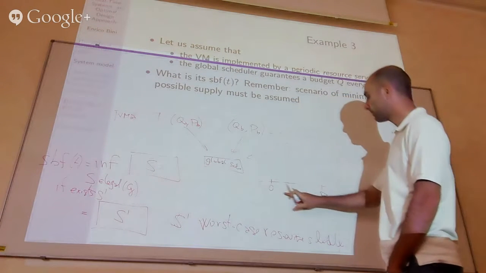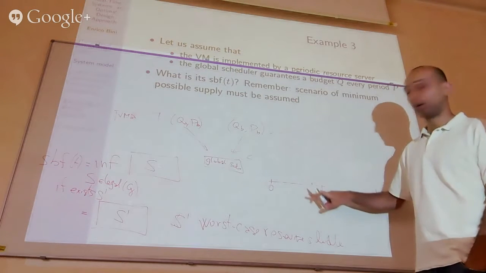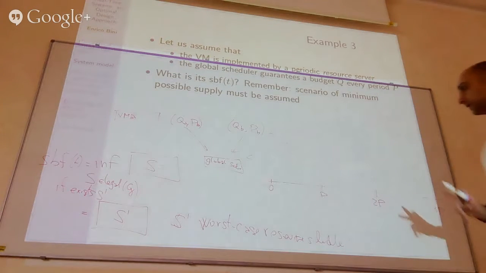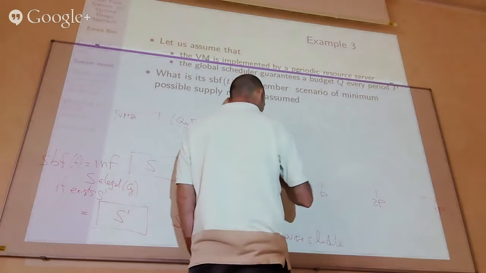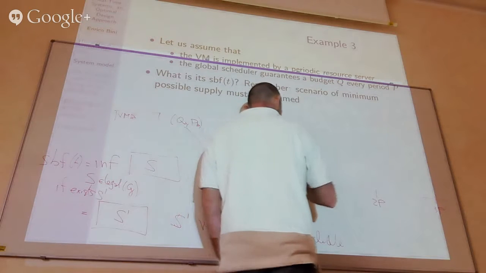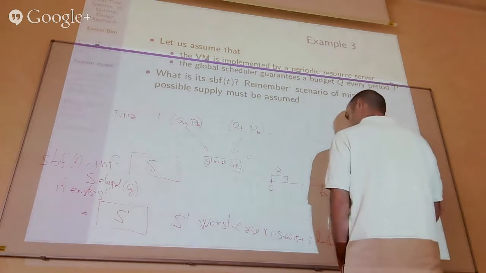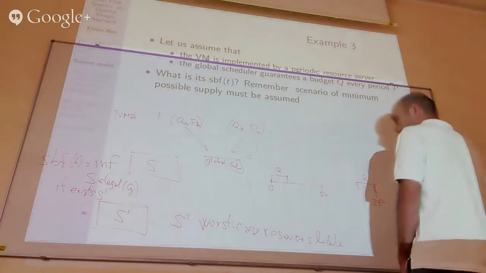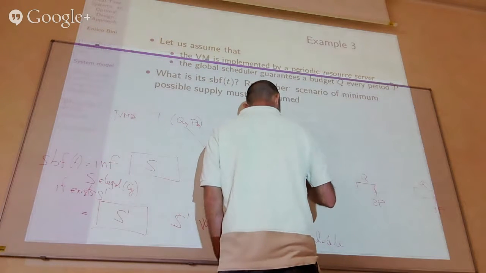So we know that the global scheduler will always allocate Q resource in this interval, Q resource in this interval, Q resource in this interval. So what is the worst way to put the resource into this interval? We could prove, but I will not prove, that the worst way is this one, and you have T0 starting from here.